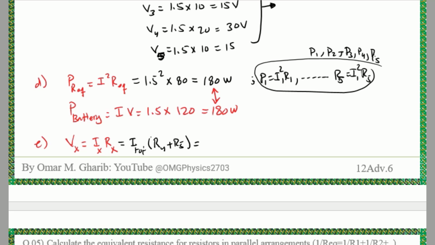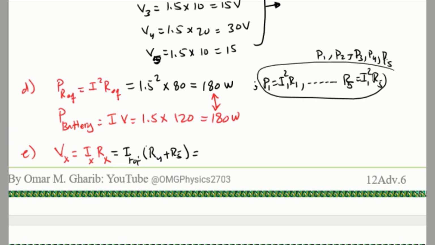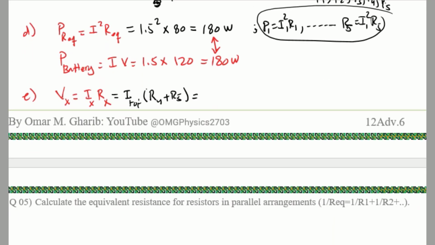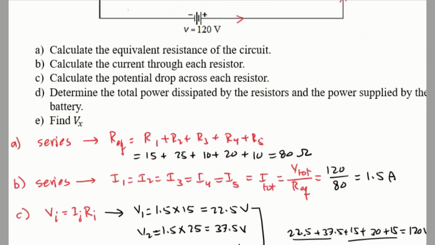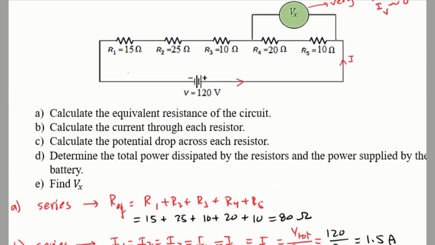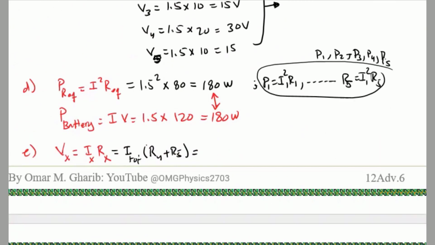Go back to the diagram to make sure. R4 and R5, Vx across R4 and R5, 20 plus 10. Now we have the current 1.5 times 30, which is 45 volt.